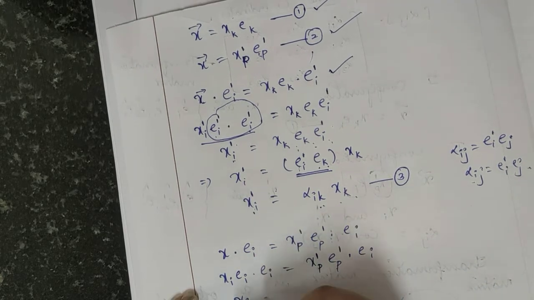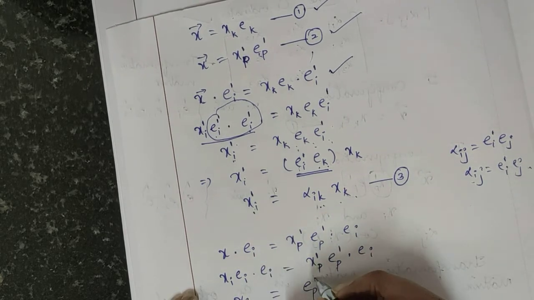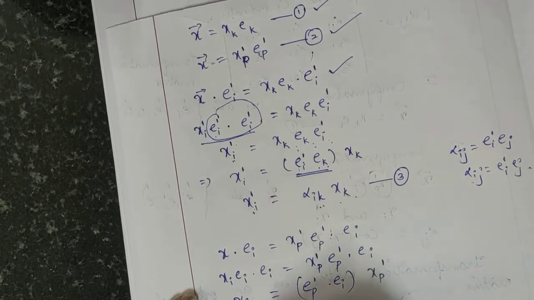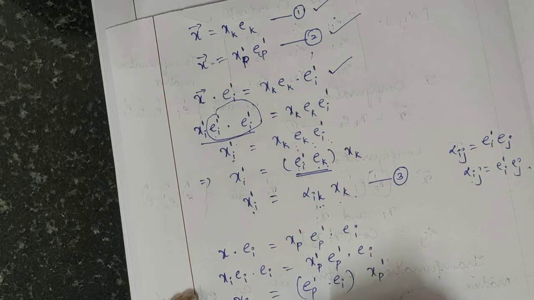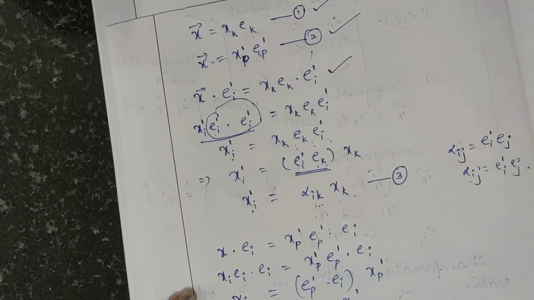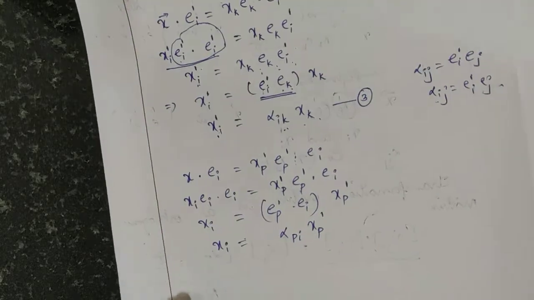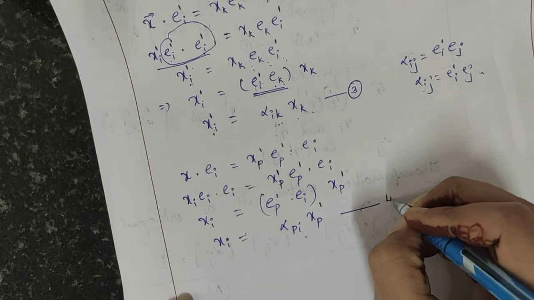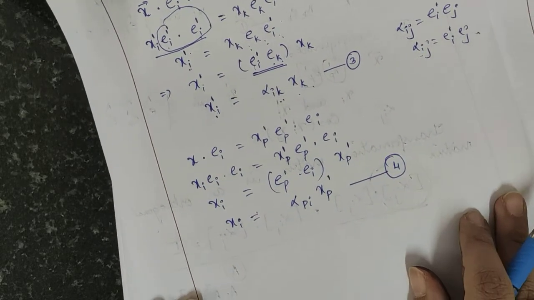So again this is xi is equal to ep prime dot ei into xp prime. So this is alpha pi xp prime, that is xi, right? I will call this equation number 4.